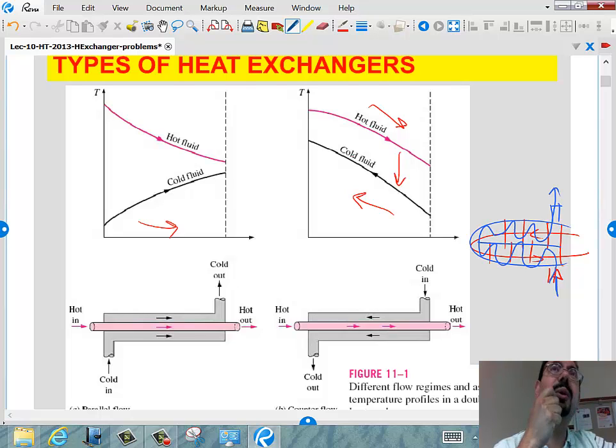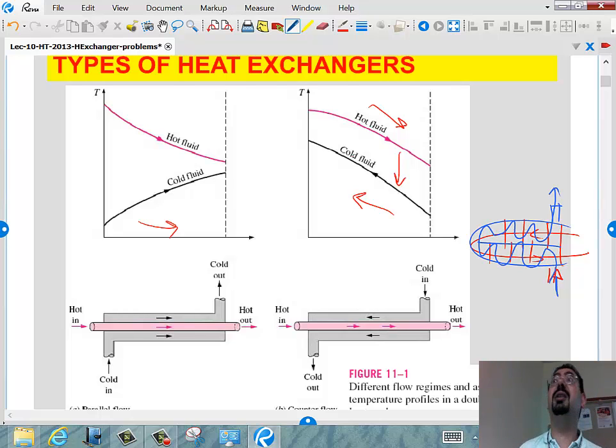But what do you think is the ultimate criterion for an excellent heat exchanger? It will do what for you if it's really, really good? It doesn't cost a lot. Huh? It doesn't cost a lot to run. So the area should be smaller, correct? For the same Q, you want the area to be small. Jesse said that it shouldn't cost a lot. You don't want it to be really big.